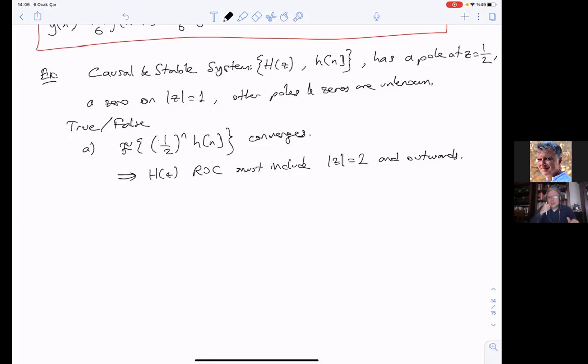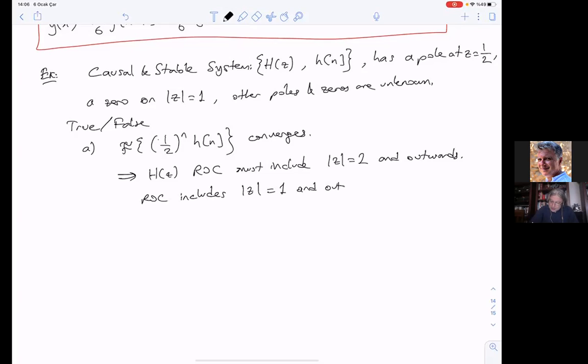And the answer to that question is yes, because the region of convergence includes z equal to 1 and onwards, because it is causal and stable already.